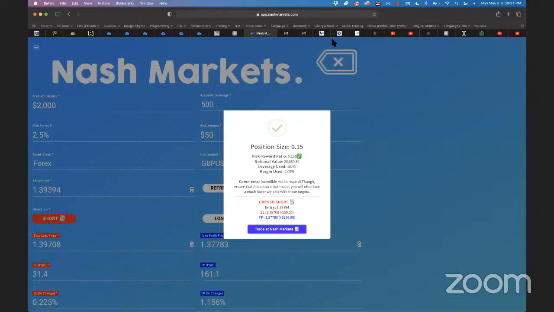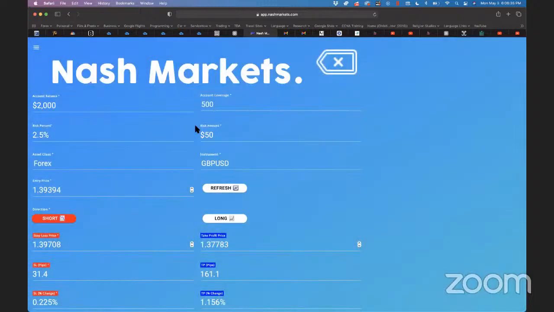If I'm looking at a trade that I'm looking to get in, but I'm concerned with losing the trade, I know that if I lose this trade at most, I'm going to lose $50. And I'm okay with losing that $50 because I've already established that I'm okay with losing $50 on a trade. That's nothing. That's only 2.5% of my account.